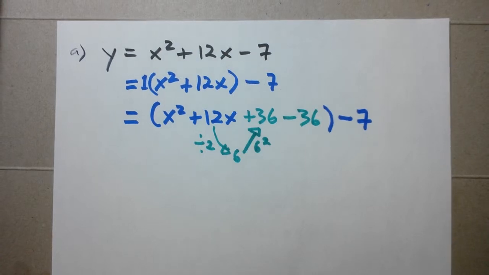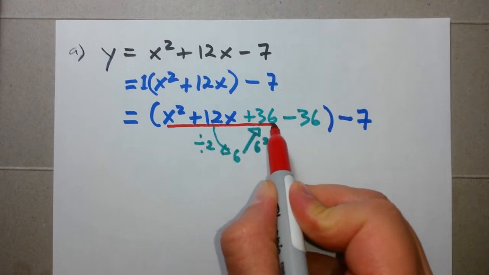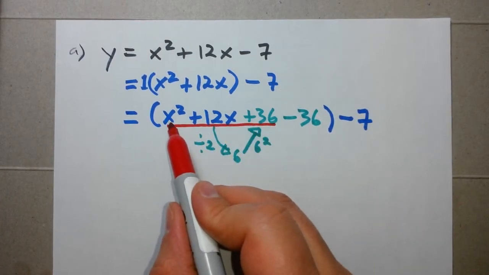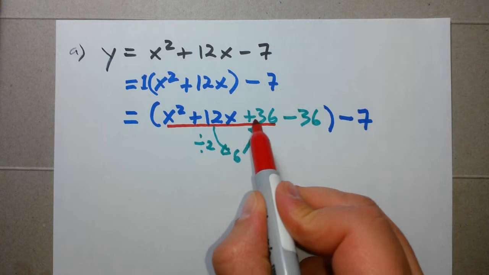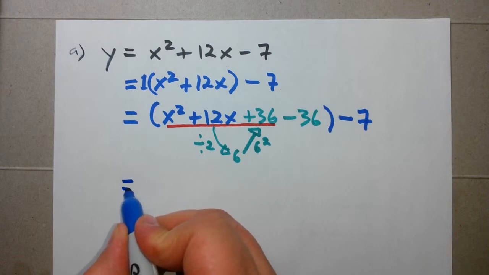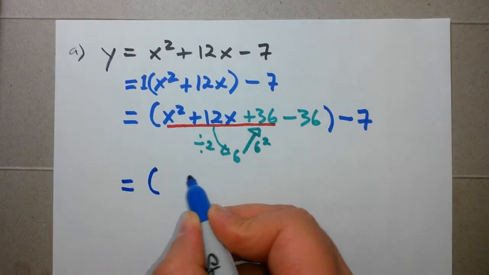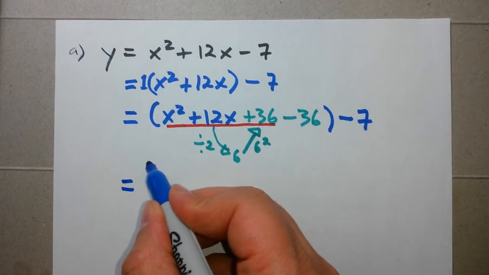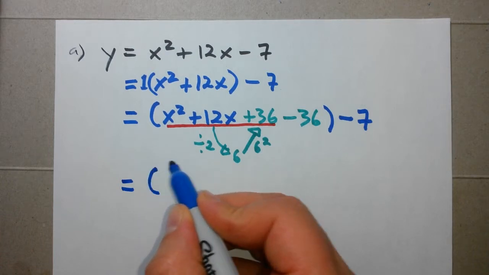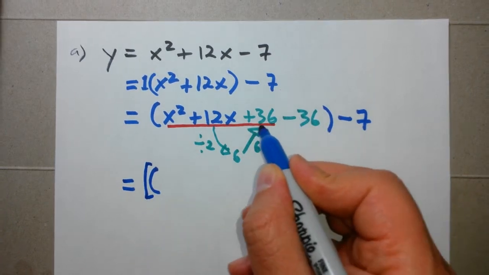So next we're going to take these three terms and factor them, because now these three terms are a perfect square trinomial. We write this, and now we're going to use square brackets because we want to keep track of our variables, since we're not going to be factoring out the negative 36 together with this.